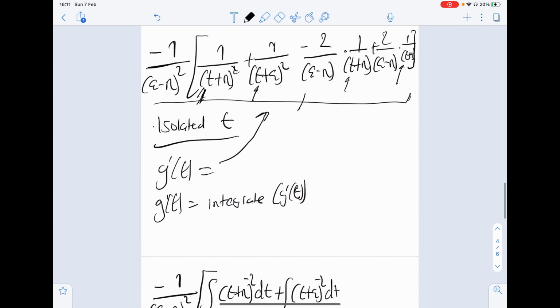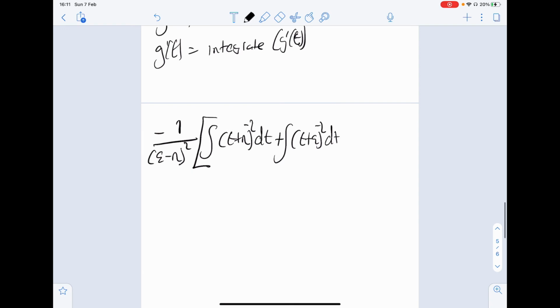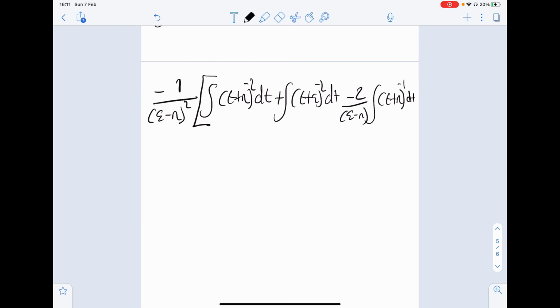Yeah, so now we've got a constant here and a constant here. Then we take this outside. So this will be minus 2 over (epsilon minus eta) cubed, the integral of (t plus eta) to the minus 1 dt, and then finally on the last line plus 2 over (epsilon minus eta) cubed and the integral of (t plus epsilon) to the minus 1 dt.